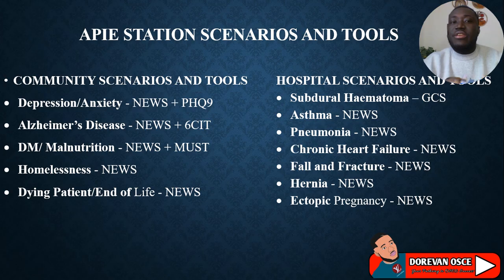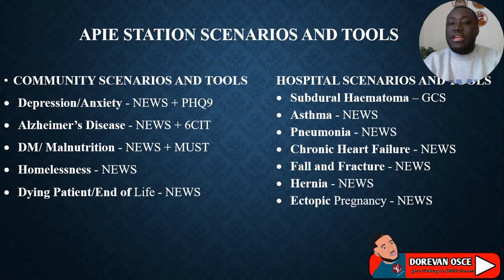So in each of the stations or the skills that you'll be tested on, there are various tools that you are likely to meet or likely to use. These are some of the tools that you are likely to meet, especially in your API station and the assessment station.